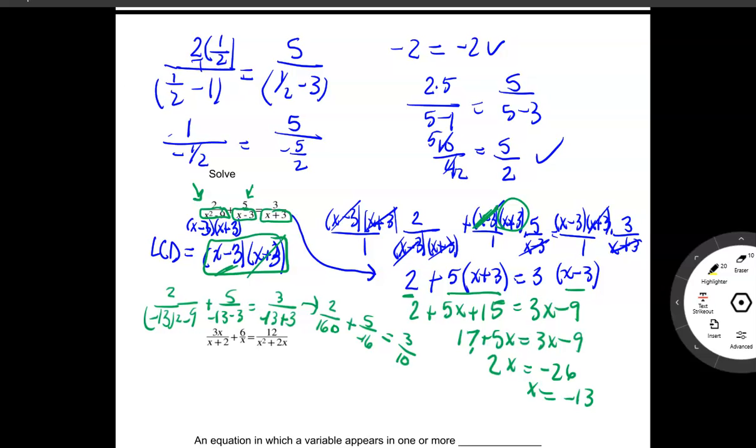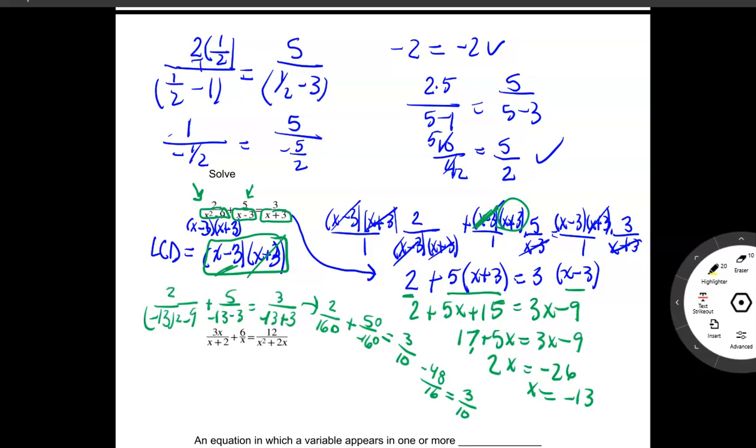Actually, to subtract these, I'm going to make them both over 160. I'm just going to make that 50 over 160 because then I can do that calculation. I know we could reduce these down to 80, but 50 plus 2 would be negative 48 over 160 equals 3/10.